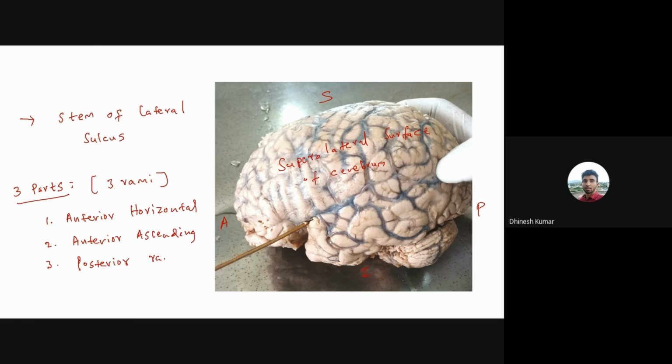These are the 3 rami. Rami means branches.